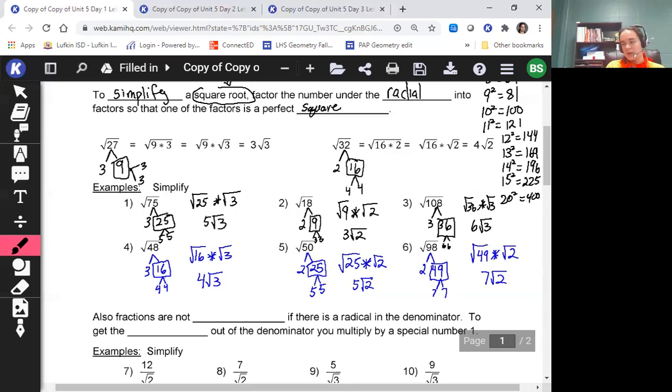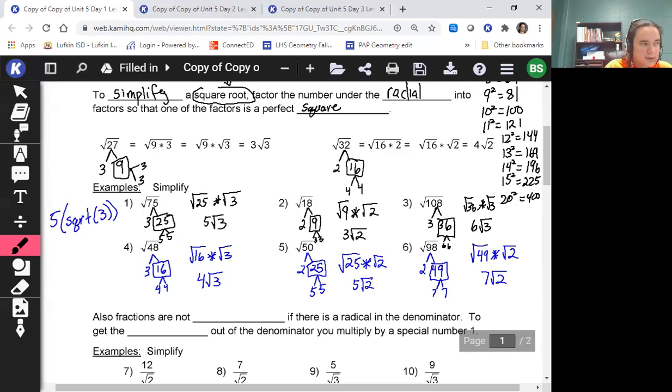Now, I know some of you who are working online are going, well, how do we type in the square root? So you've got 2 ways to do this. For this first one, so 5 square root of 3, you can type in 5 and then parentheses SQRT, parentheses 3, double parentheses. So that tells me that we're multiplying our square root times 3.